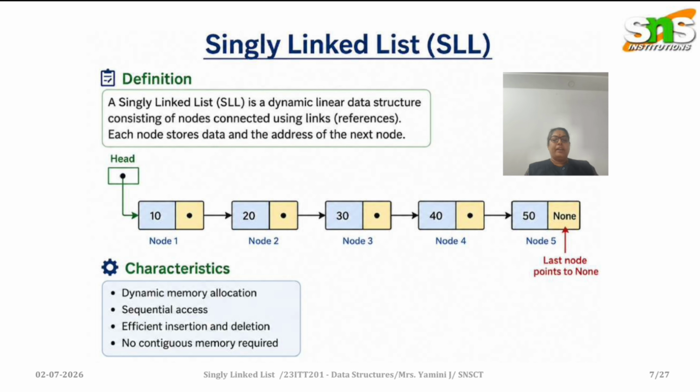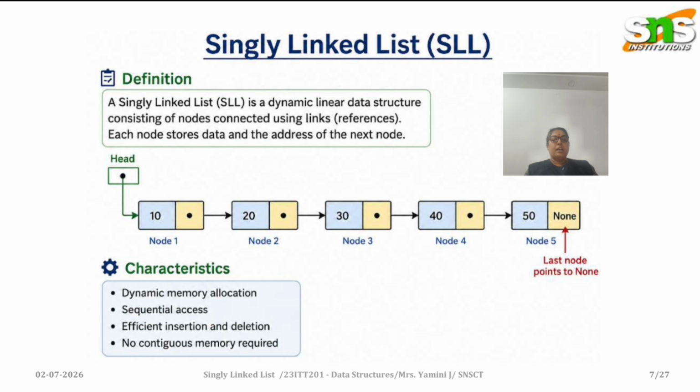Unlike arrays, the nodes in a linked list are not stored in continuous memory locations. They can exist anywhere in memory and the pointers create the logical connection between them. The final node contains a null pointer indicating that there are no more nodes after it.